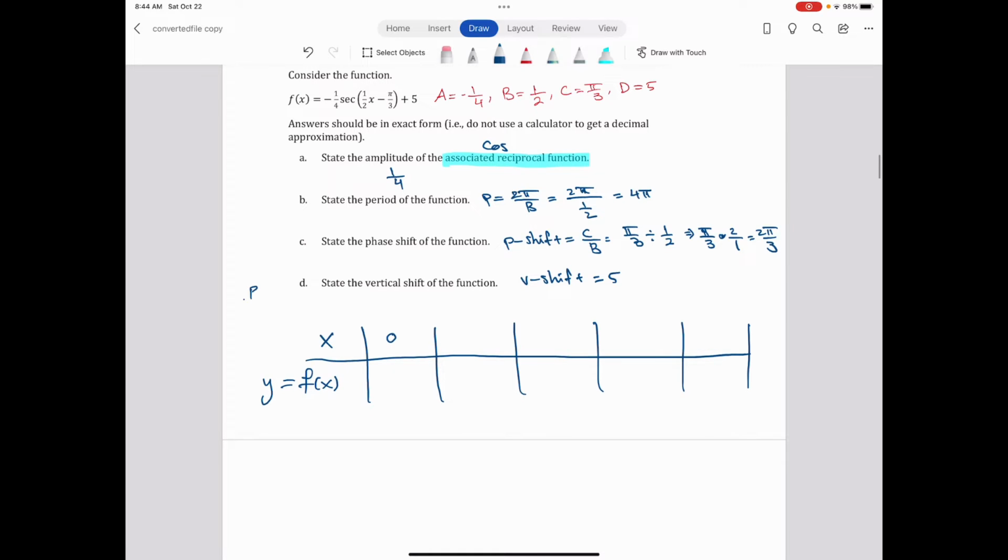So period divided by 4 equals 4 pi divided by 4. So it's pi, and then I'm going to add that here. So pi, 2 pi, 3 pi, 4 pi. So I've just added multiples of 1/4 of the period. Each time I'm going to add that 1/4.